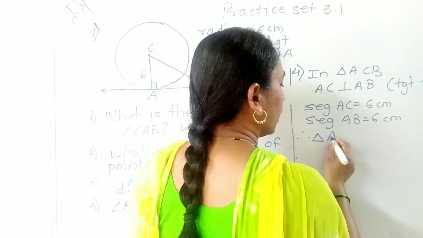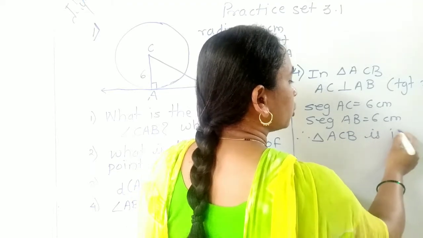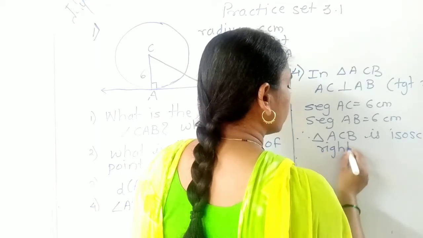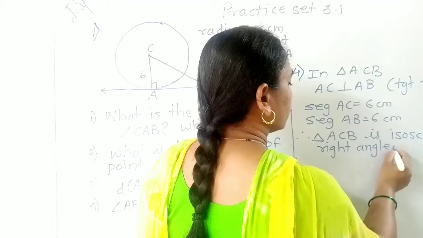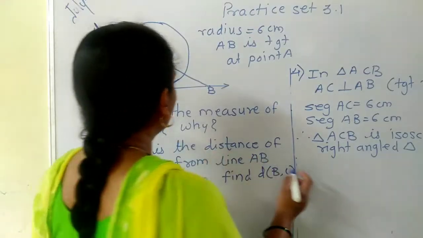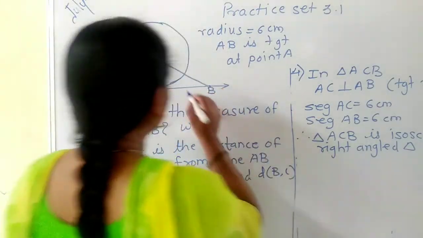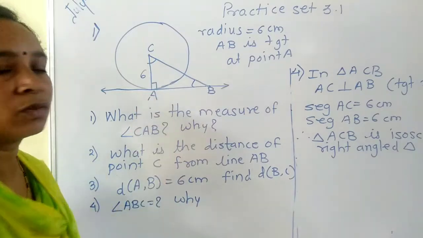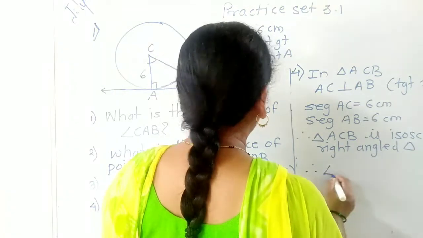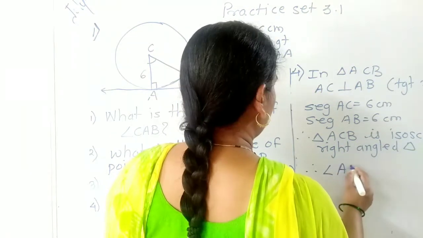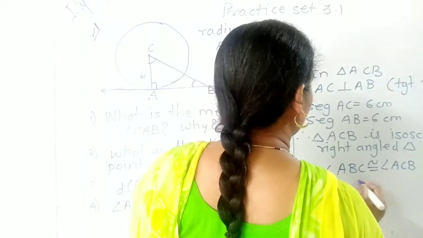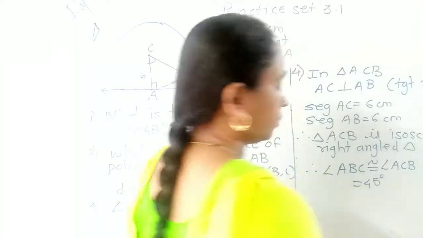Therefore, triangle ACB is an isosceles right angle triangle. And if it is an isosceles right angle triangle, then angle ABC and angle ACB would be congruent, and that would be 45 degrees. So angle ABC is congruent with angle ACB, which is nothing but 45 degrees.